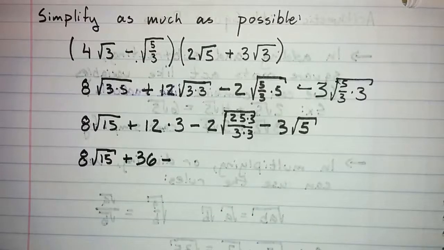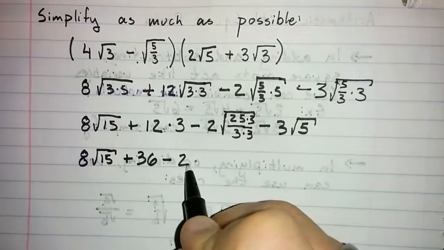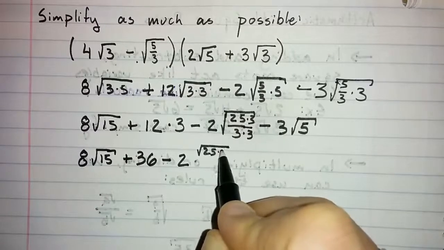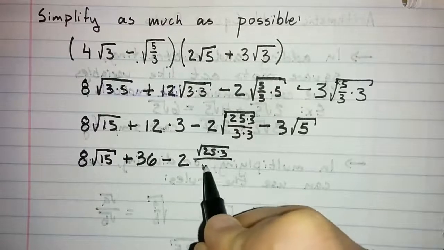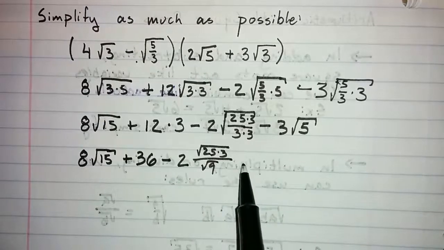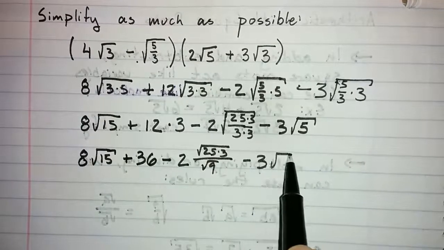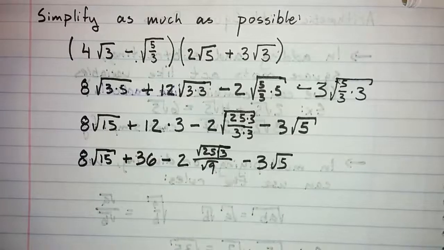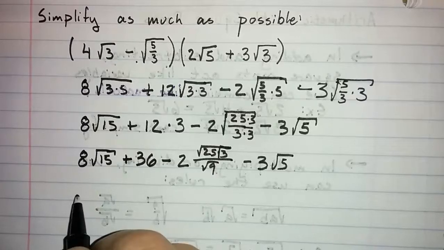And then I've got 2 times root 25 times 3 over root 9 minus 3 root 5. And I'd like to write this as root 25 times root 3 because I noticed that 25 is a perfect square.